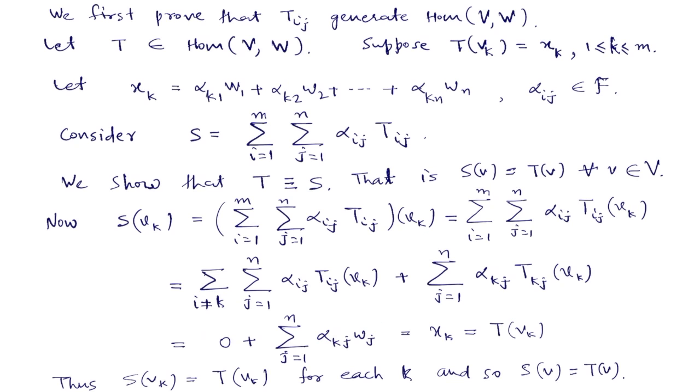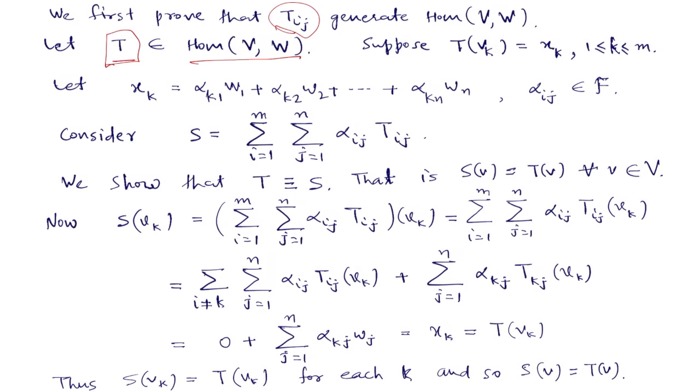So to prove that these Tij form a basis of Hom(V, W), we shall prove that they generate Hom(V, W) and also that they are linearly independent. To show that these generate Hom(V, W), we take a linear transformation T in Hom(V, W) and we shall show that T is a linear combination of these Tij.